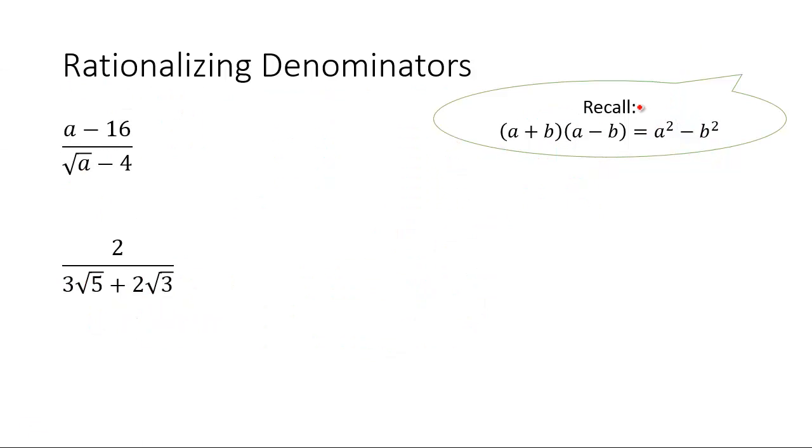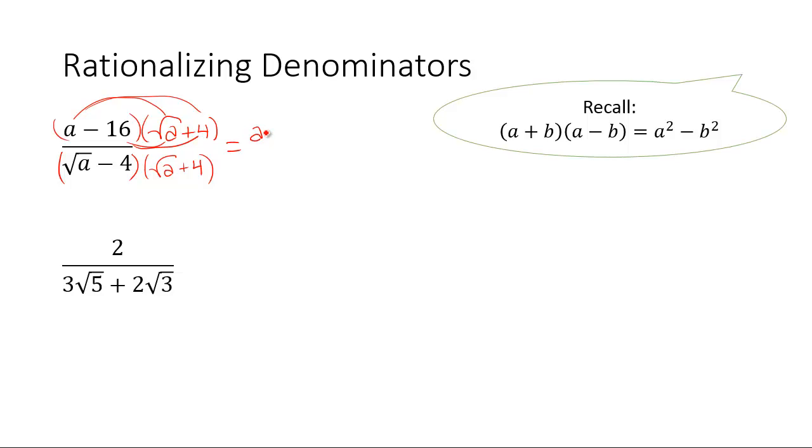Alright, we got our little reminder here again. Same thing, we've got a binomial, so then multiply by the conjugate, which is root a plus 4. So try this out on your own and see if it works out for you as well. Now this one we do need to distribute completely because it's not a special format.